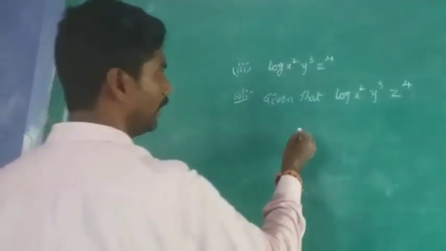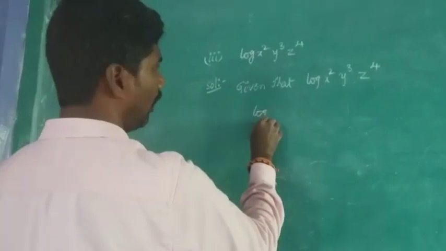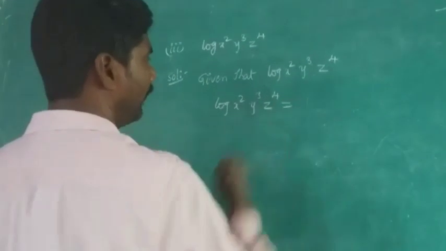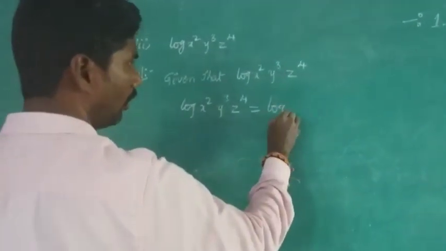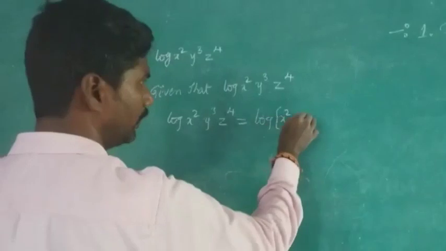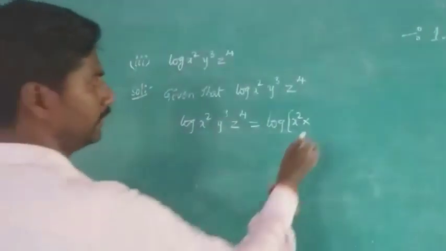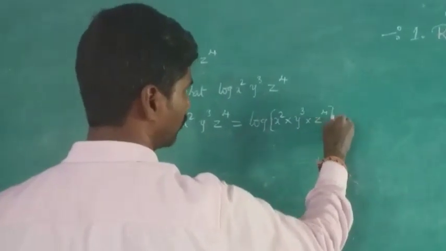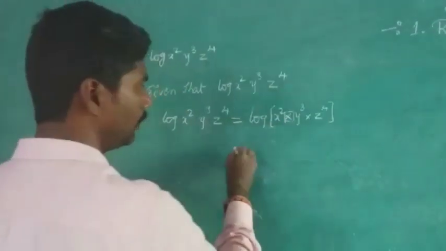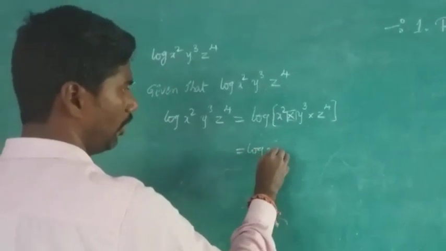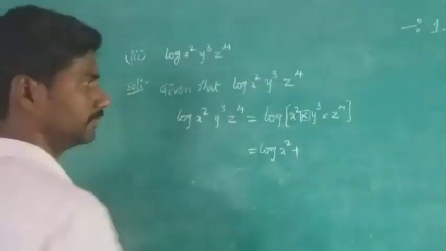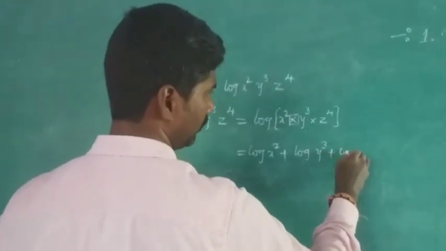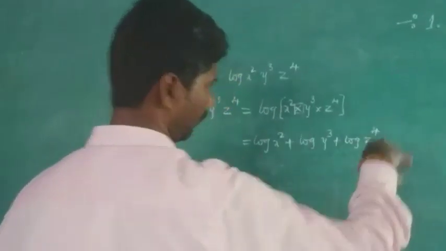So I am writing this as log x square into y to the power of 3 into z to the power of 4. If you have a multiplication symbol, you can add with plus. So log x square plus log y to the power of 3 plus log z to the power of 4.